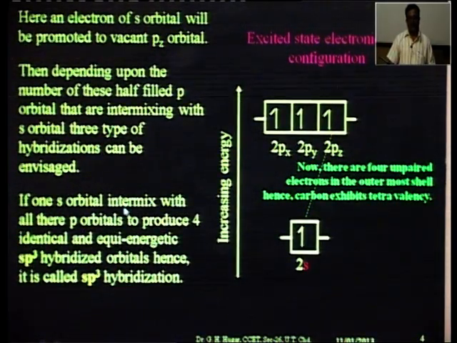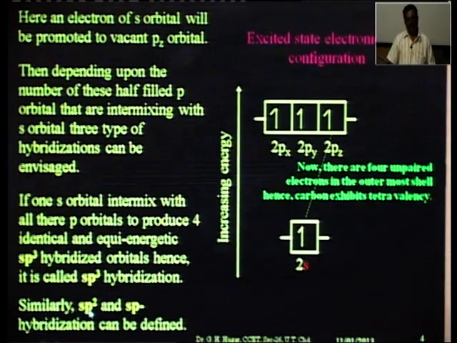If one s orbital intermixes with all 3 p orbitals, then it will produce 4 equivalent, identical and equienergetic sp3 hybridized orbitals. Therefore, it is called sp3 hybridization.